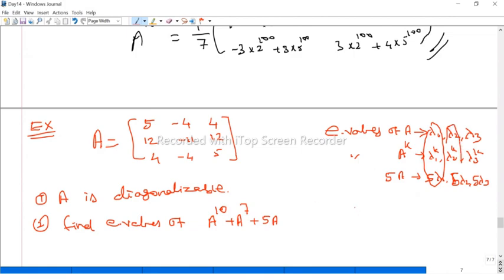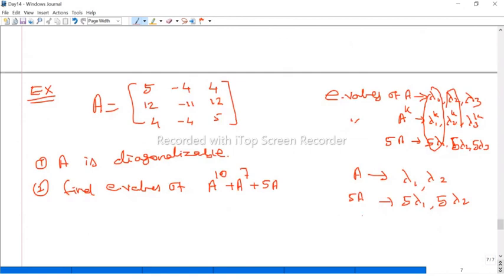For example, suppose the eigenvalues of A are lambda 1, lambda 2, taking 2. The eigenvalues of 5 times A are 5 lambda 1, 5 lambda 2. The eigenvalues of A power 7 are lambda 1 power 7, lambda 2 power 7. The eigenvalues of A power 10 are lambda 1 power 10, lambda 2 power 10.